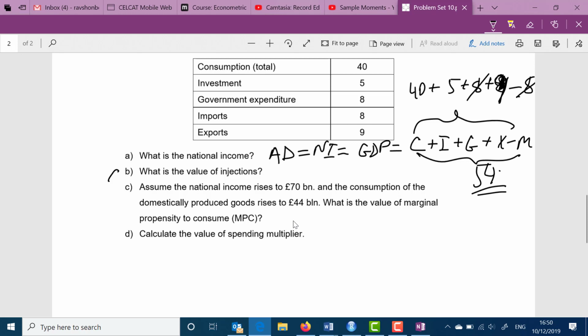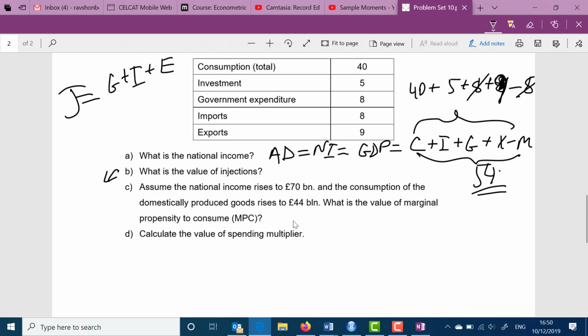Now B, what's the value of injections? Tell me please the formula for injections. Circular flow of economy. Do you remember? Yeah, G plus investment plus exports.